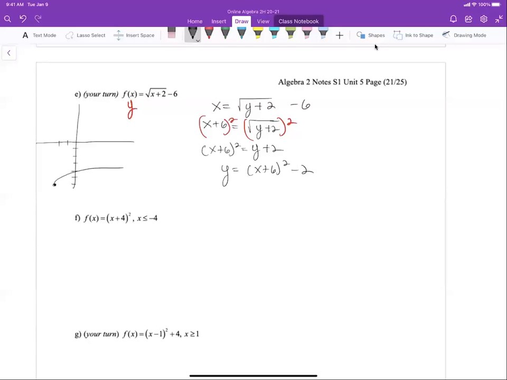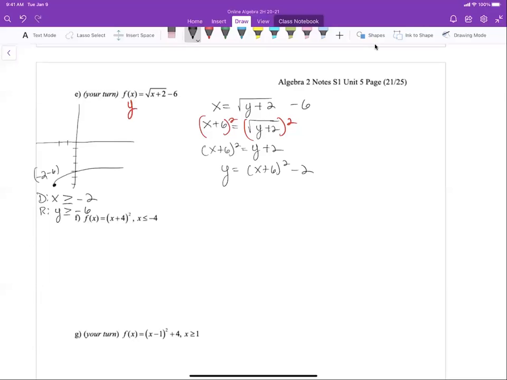Now, next, back to the original graph. This data point right here was -2, -6. And the domain was x had to be greater than or equal to -2. The range on this, y, had to be greater than or equal to -6.